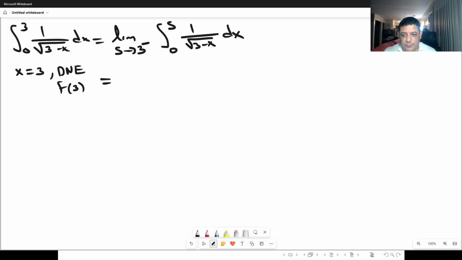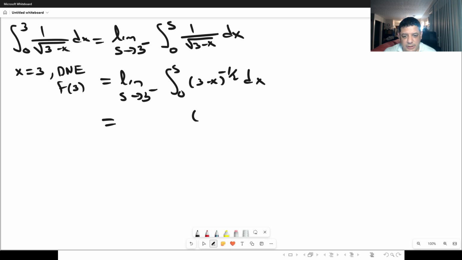If we rearrange this to integrate, we're going to have that this is just 3 minus x to the minus 1/2. And so when we integrate, this is essentially minus (3 minus x) to the 1/2 over 1/2. So this is going to give me a 2 in front, so it's minus 2.